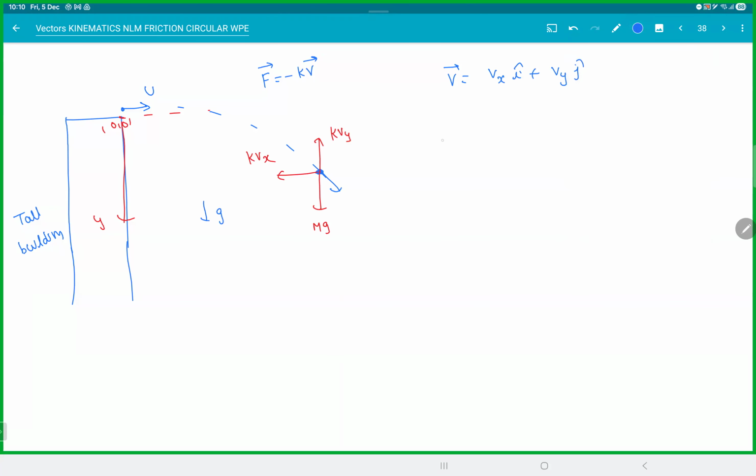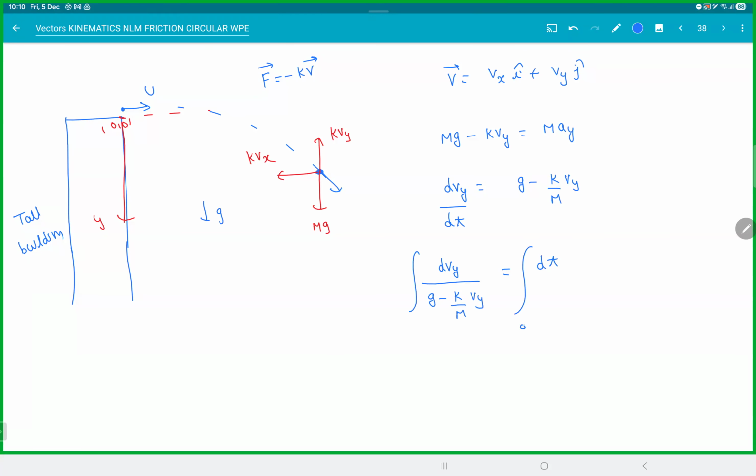So in the vertical direction, mg minus kVy is equal to m into acceleration in the y direction. That will be dVy by dt is equal to g minus k by m Vy. You can integrate this. dVy over g minus k by m Vy is equal to dt.